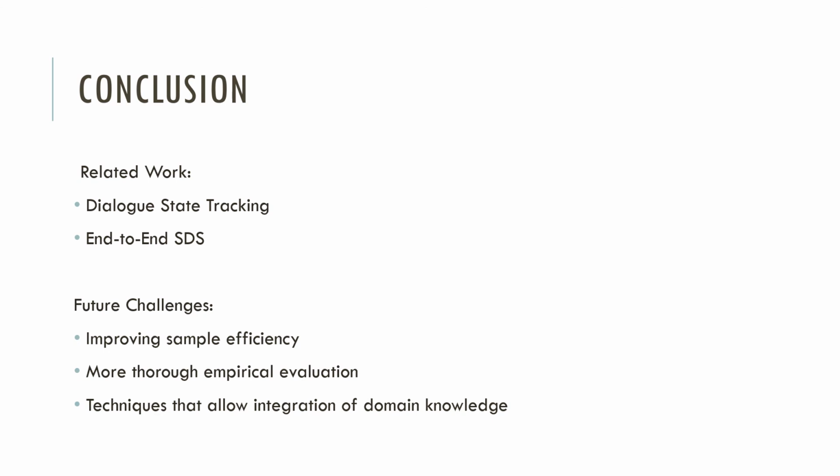So some of the future challenges that this work could use in order to improve it and take it to the next level is to improve the sample efficiency. If we look back at that graph at the win rate, we see that the baseline, although it converges to a lower overall win rate, converges to that win rate much quicker.